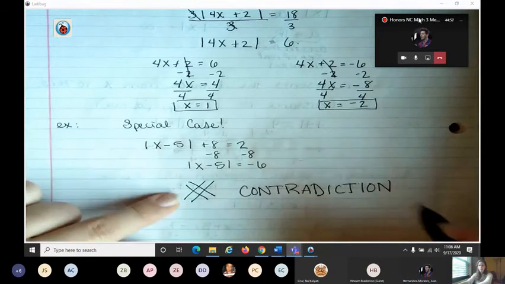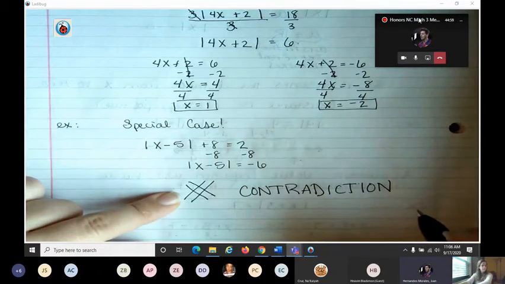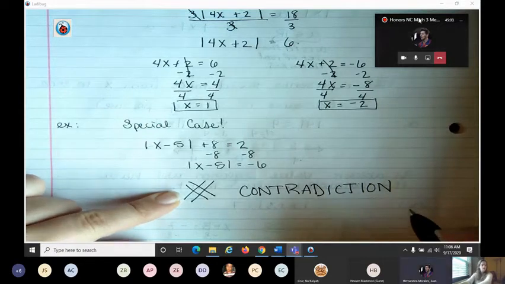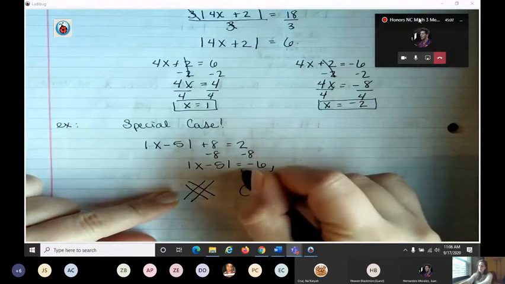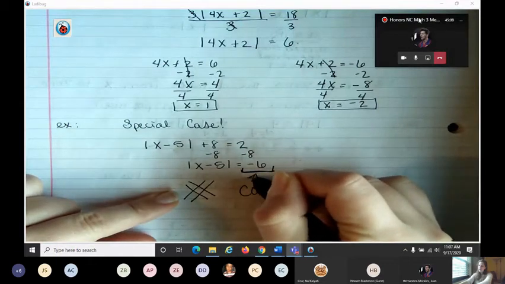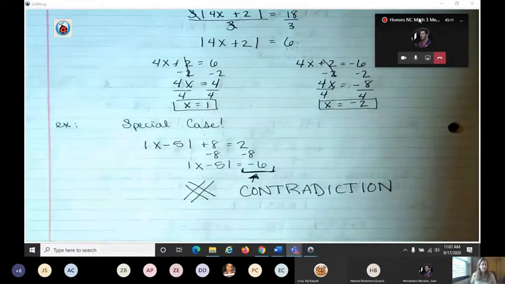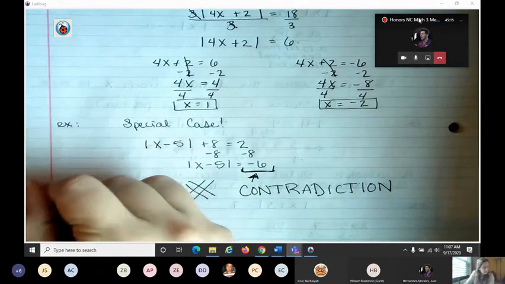This symbol means contradiction in math, like a diagonal hashtag. So the contradiction is this right here. We can't have a negative equal to an absolute value. Okay, so I'm going to write that out.